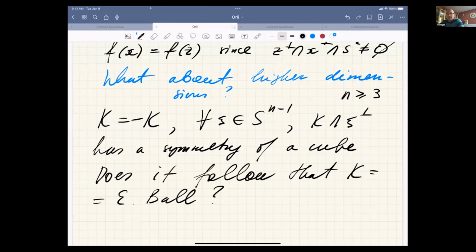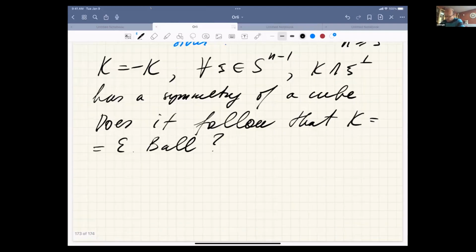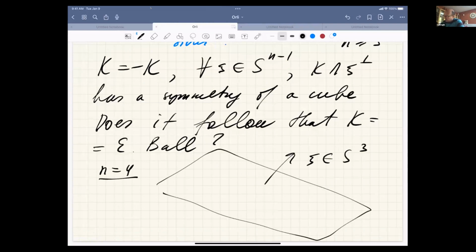What is the difference between these two questions? The difference is that now we may not apply the previous argument anymore, because if you live in this four-dimensional case, for example, take n equal to 4, and if you take your psi somewhere, this is an element of your three-dimensional sphere, and you take the subspace, this subspace psi perp is now three-dimensional.